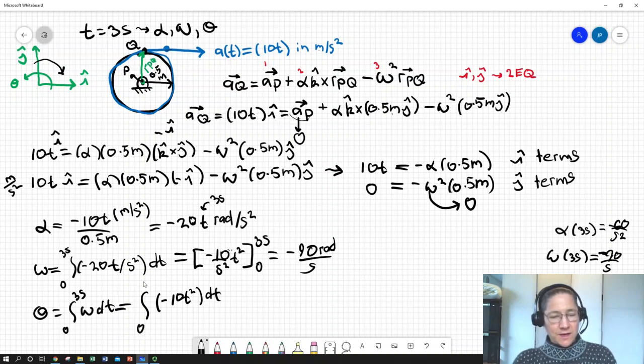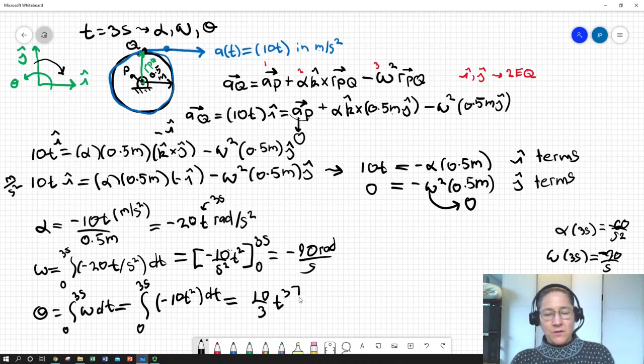I'm dropping the units now because we know this is just going to be in radians. So we get 10 thirds t to the third evaluated between 0 and 3 seconds.